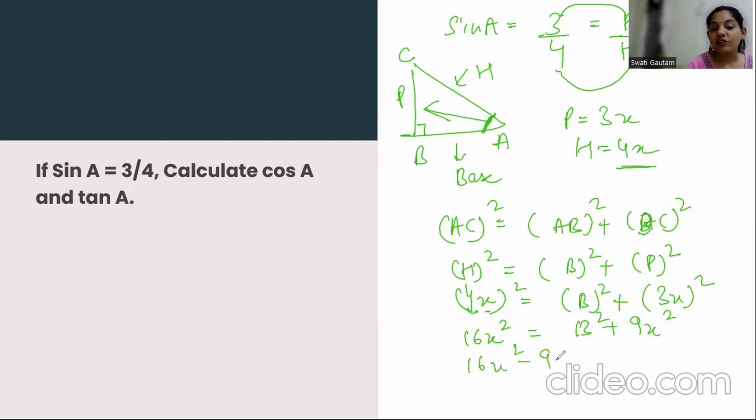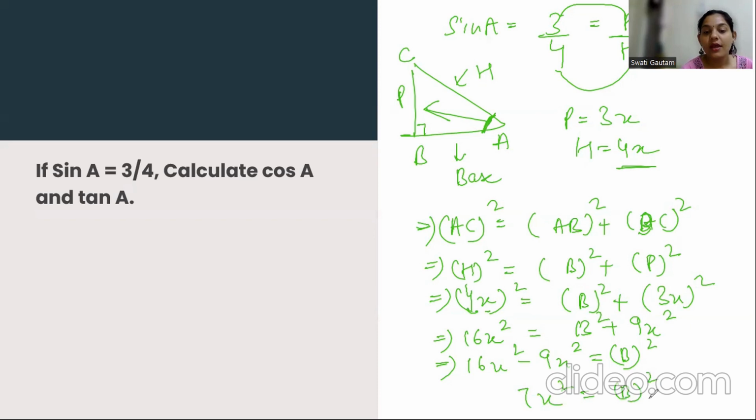16x square, 9x square will be taken to the left hand side. Right? Don't forget to change the sign. So it is base square. 16 minus 9 is how much? 16 minus 9 is 8 or 9? 7. Right? 7x square.